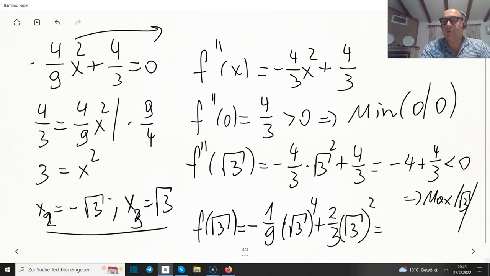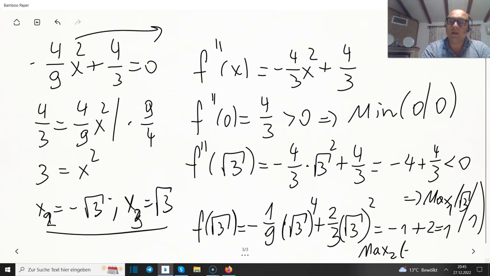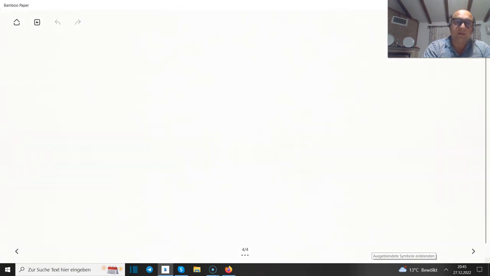So square root of 3 to the power of 4 just gives me 9, minus 1 divided by 9, minus 1, plus 2. That would be 1. So we got max 1 at (square root of 3, 1). And there is also max 2 because of the symmetry. I don't have to compute anything. It's (minus square root of 3, 1). So that's fine.